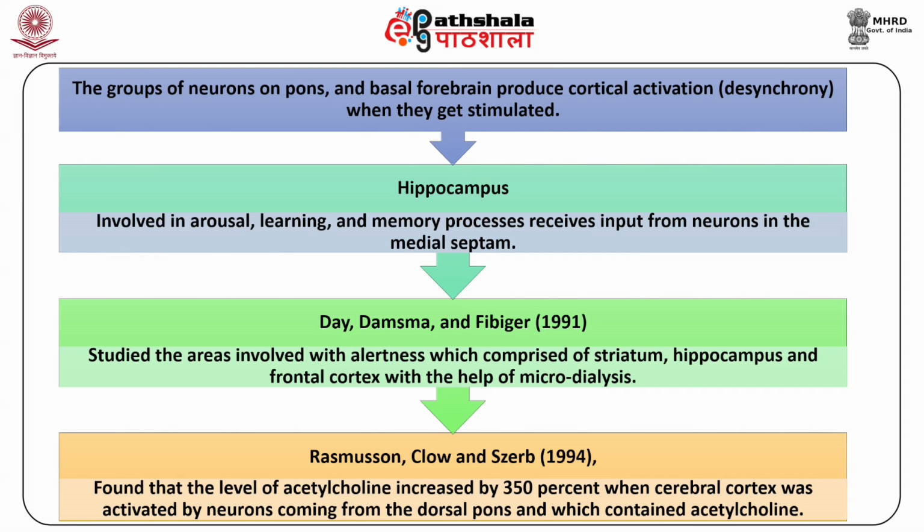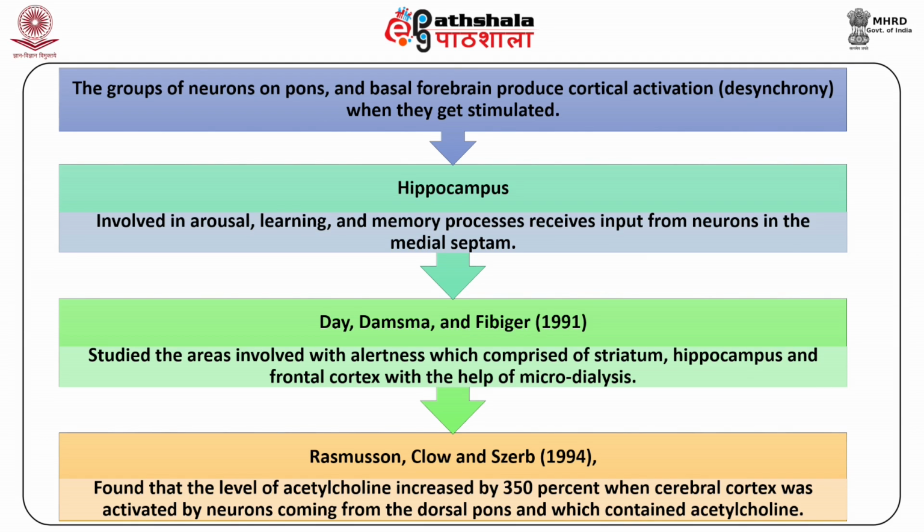The hippocampus, which is involved in arousal, learning and memory processes, receives input from neurons in the medial septum. Day, Damsma and Fibiger studied the areas involved with alertness, which comprised the striatum, hippocampus and frontal cortex, with the help of microdialysis.